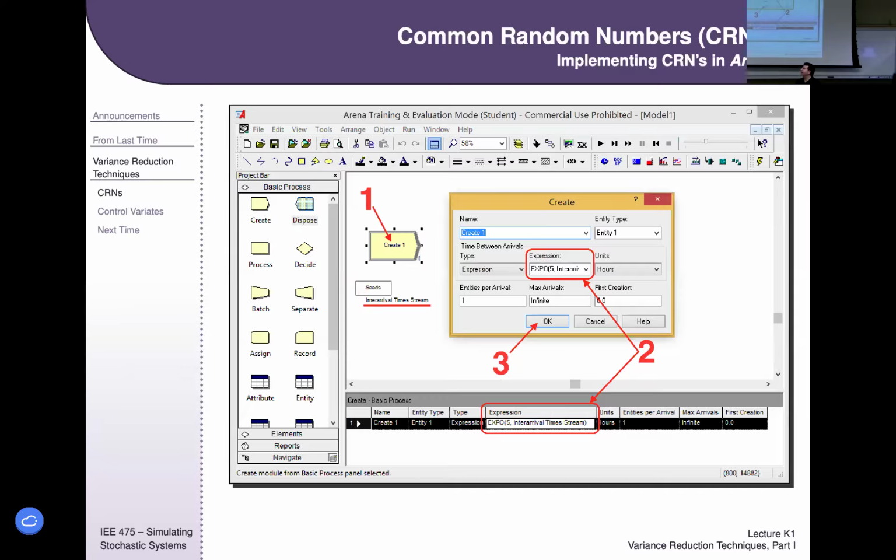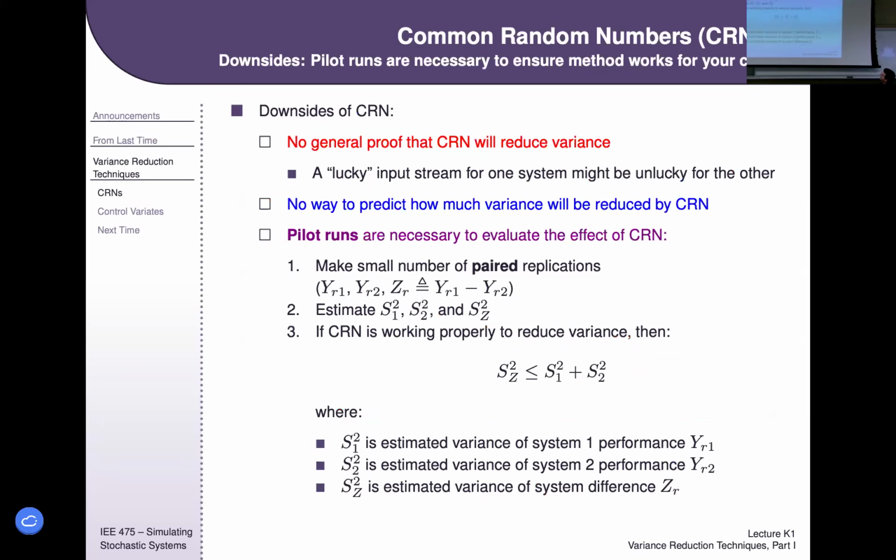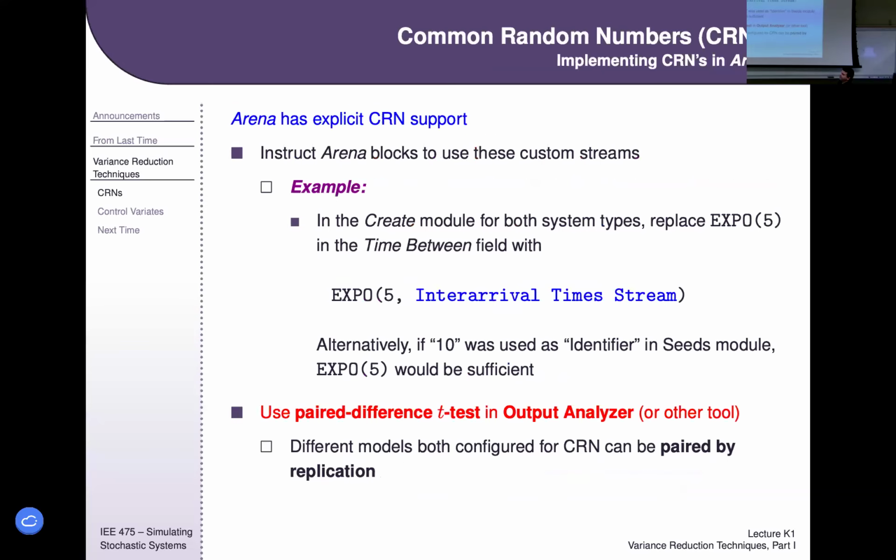And that's how you tell it, when you create arrivals, I want you to draw the numbers from my common random numbers stream. So that's how we do that in Arena. I'm just summarizing there. Questions about that? They're pretty clear, the basic idea and how you would implement that in Arena.